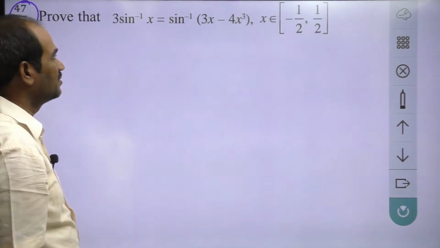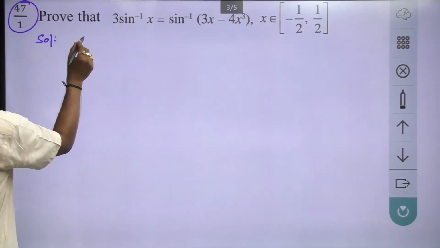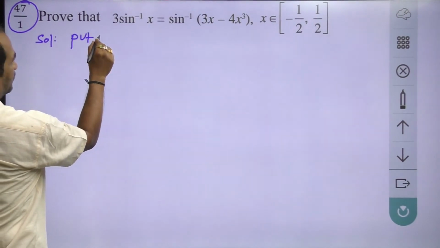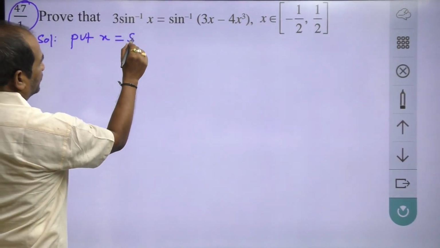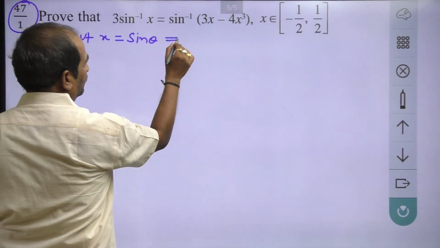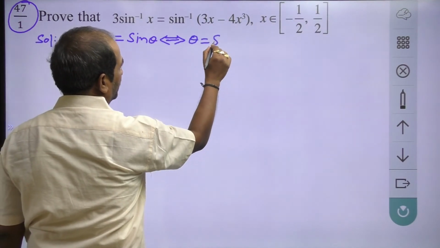Write this one. In this solution, put x is equal to sin theta, if and only if theta is equal to sin inverse of x.